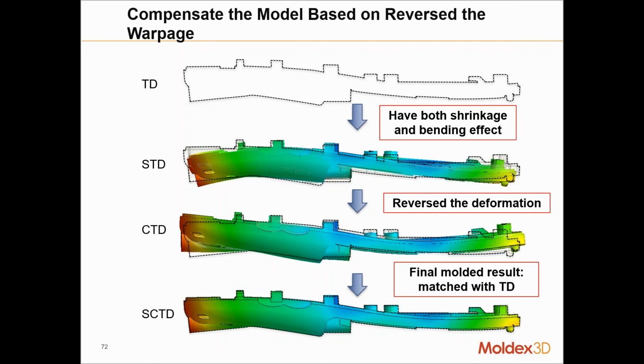So this is a workflow that you would follow from a simulation in order to identify what your warp is like, and what sort of compensation you would need to apply in order to get good tooling CAD, to go cut steel.